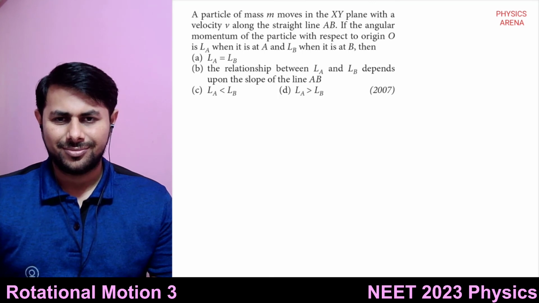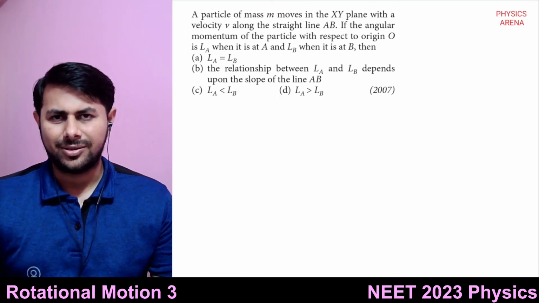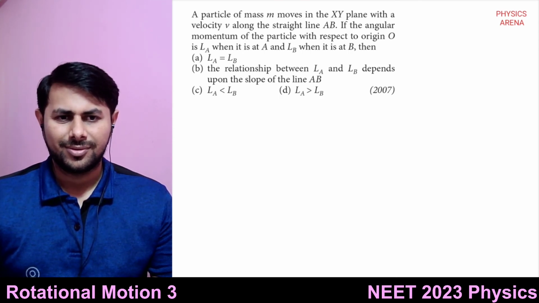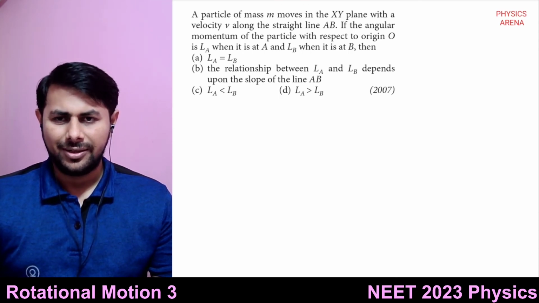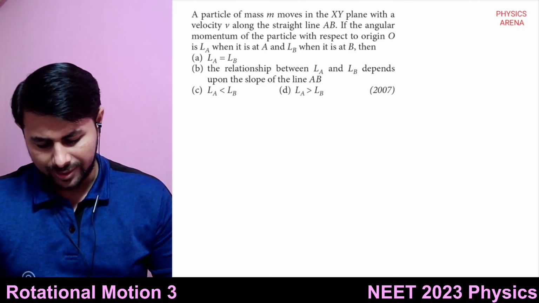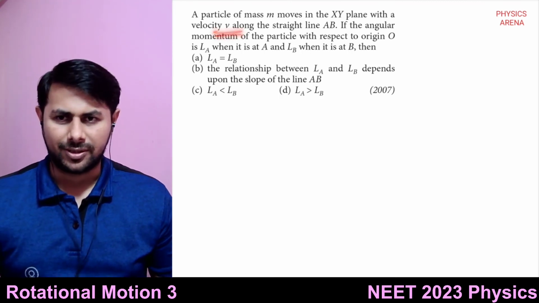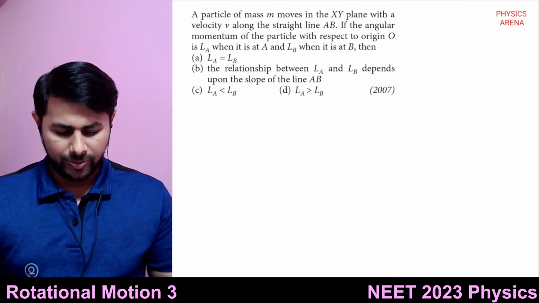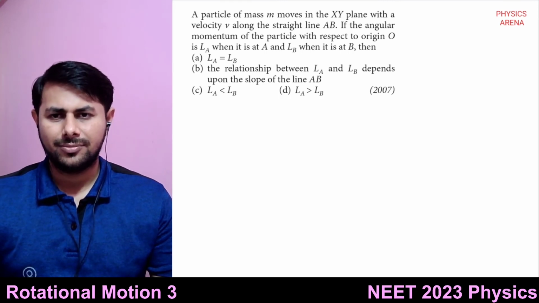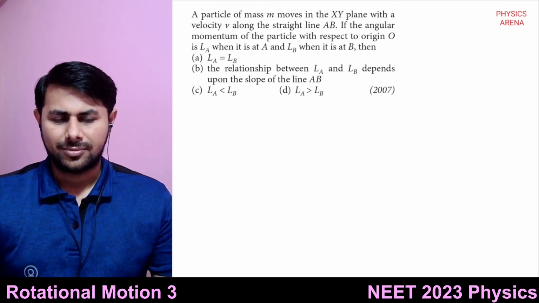It is not given that there is some force acting on the particle, right? There is no force acting on this particle. It is just moving with some velocity. So how much would be the torque acting on the particle if there is no force?